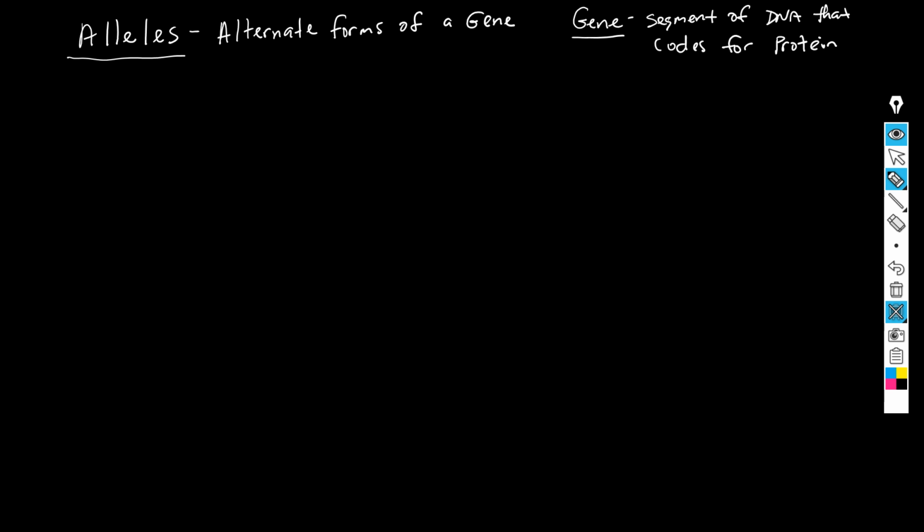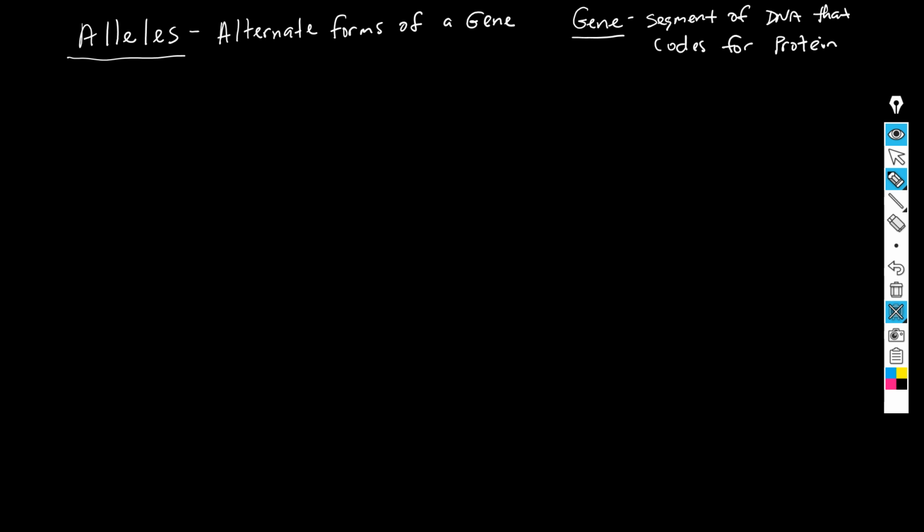That directly translates into primary structure, which is the most important type of protein structure because it literally dictates everything from there on. It dictates secondary, tertiary, and quaternary structure, and that shape determines a physical trait or physical characteristic. So alleles are alternate forms of a gene.